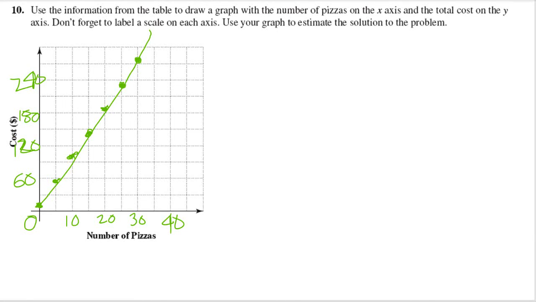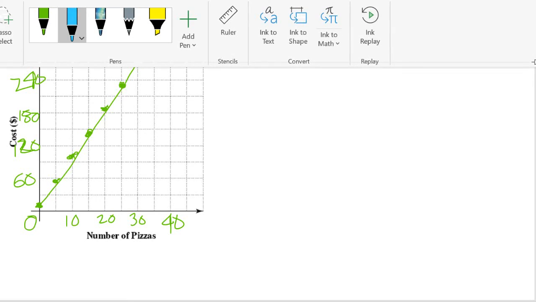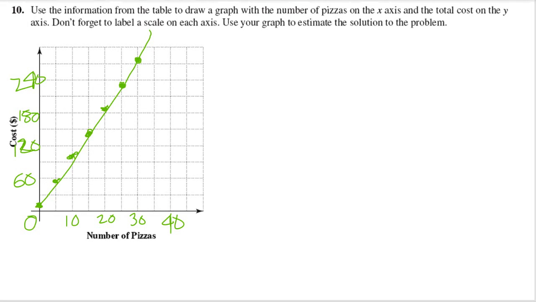They want us now to estimate the solution to the problem. So the problem is, how many pizzas can we order? We've still got $175. So I'm going to approach that the same way. I've got my 175, which is just below 180.